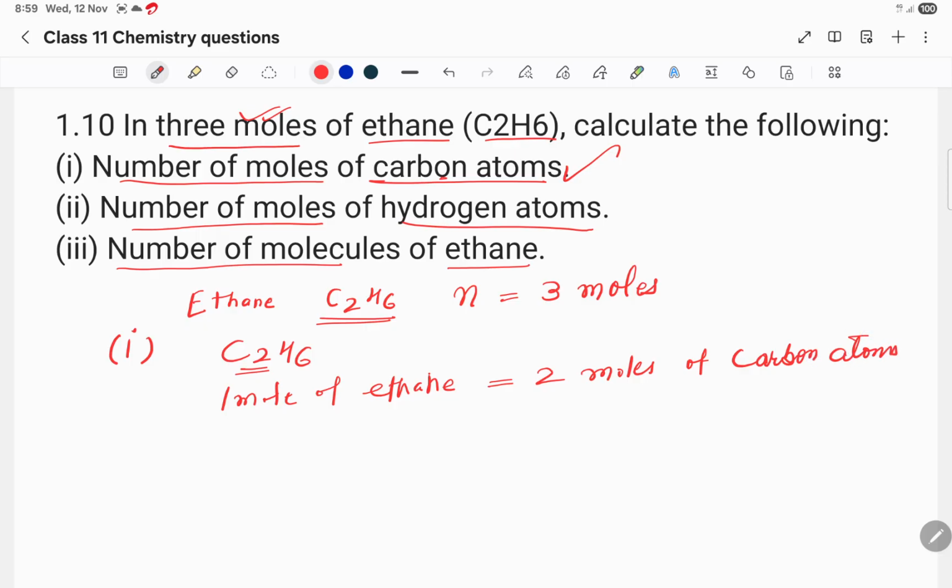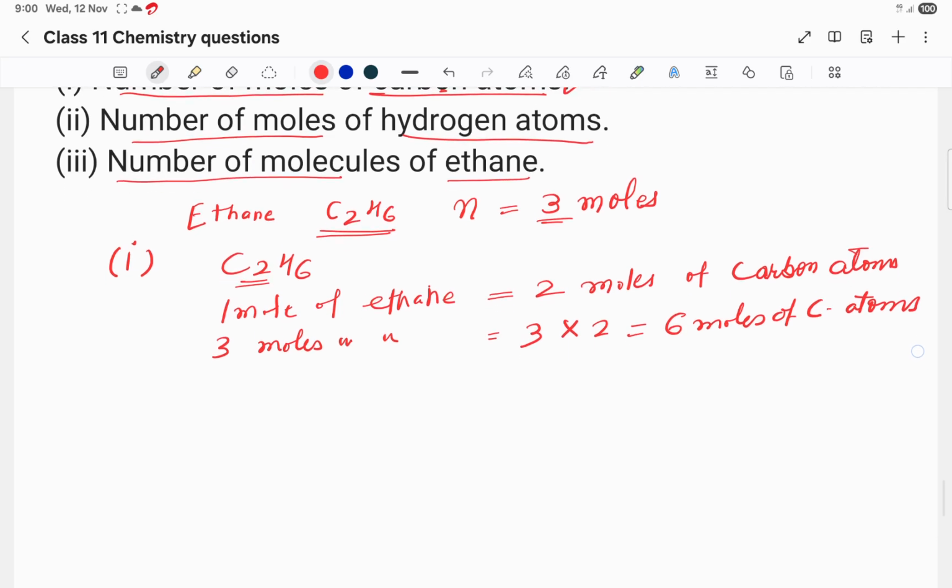Okay, carbon atoms. So if 1 mole of ethane has 2 moles of carbon, then how much 3 moles will have? 3 moles of ethane has 3 into 2 moles, that is 6 moles of carbon atoms. Okay, so this is how you are going to calculate it.